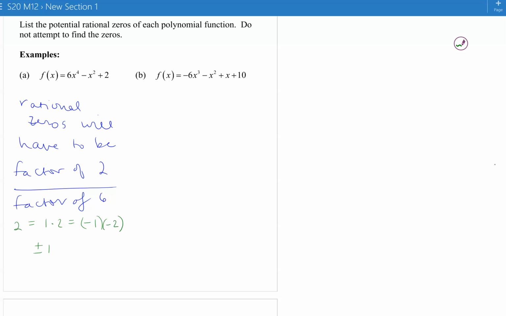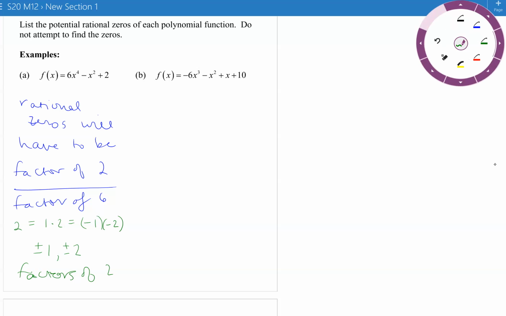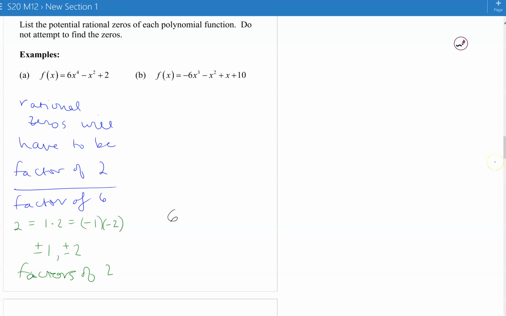So plus and minus 1 and plus and minus 2 are all the factors of 2. Okay, 6 has more. 6 has 1 times 6, negative 1 times negative 6, 2 times 3, and negative 2 times negative 3.